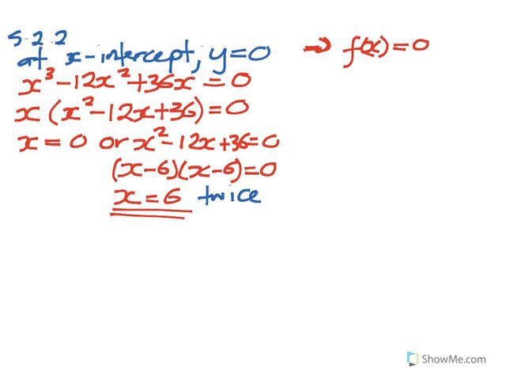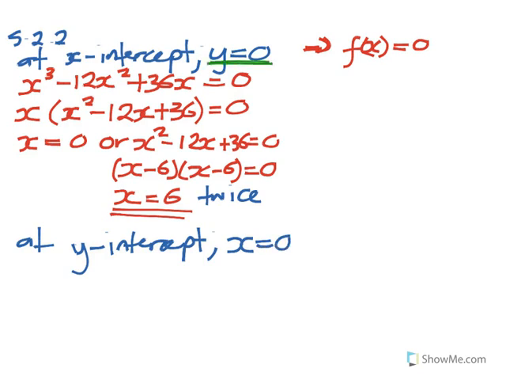You continue again. The question says find the x and the y-intercept, and then you say at y-intercept, in this case, x is equal to 0. So remember those two: at x-intercept y is 0, at y-intercept x is 0.